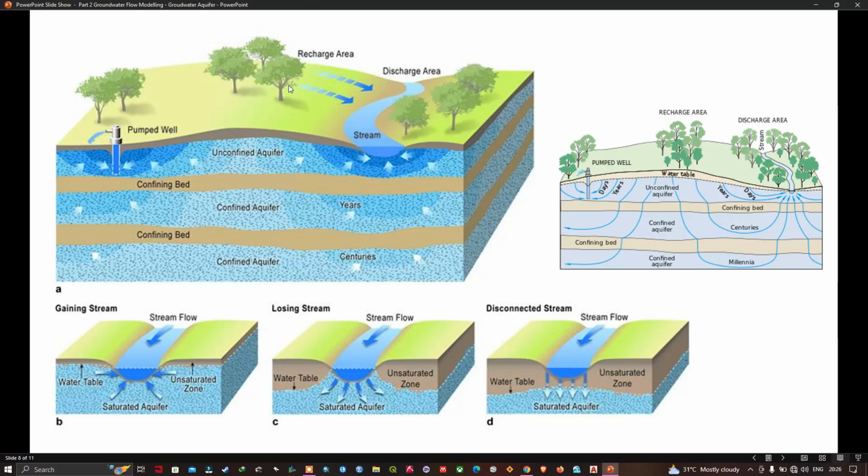As a result, the water percolates into the surface and reaches the unconfined aquifer. The unconfined aquifer also gets recharged by the river or the stream. So water from the surface percolates into this unconfined aquifer, and this part of the area gets recharged.